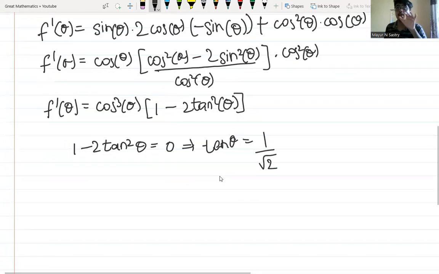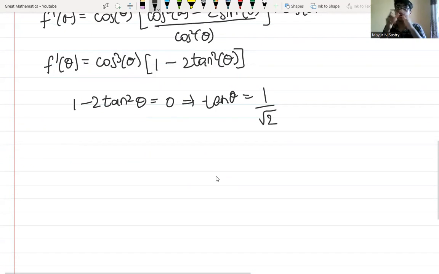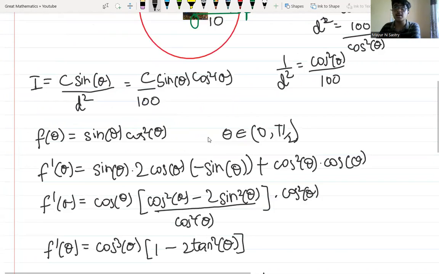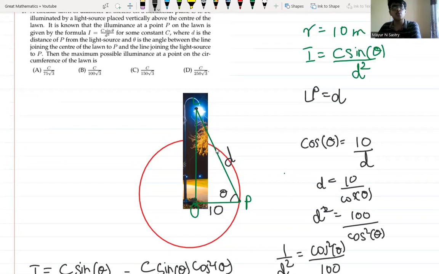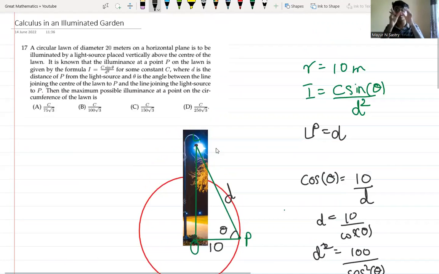So that's one thing we found out, that there's a point of maximum, in fact, at tan theta equal to 1 over root 2. That means that for maximum illuminance, we must ensure theta is such that the tangent of this angle is 1 over square root of 2. But what the problem asks is different.